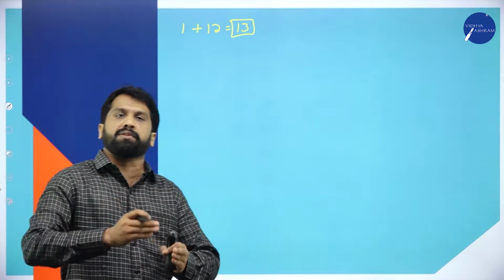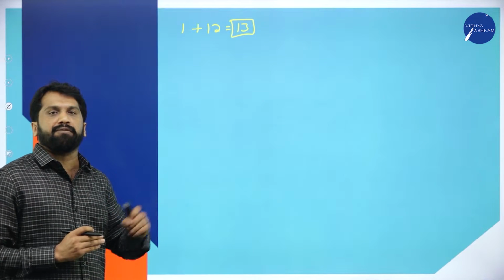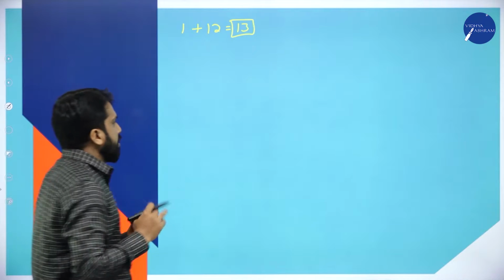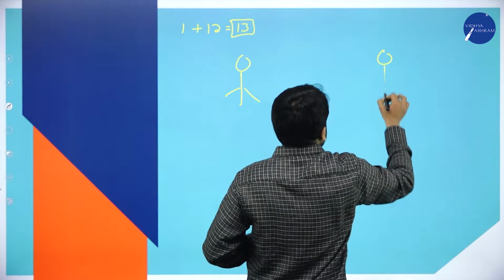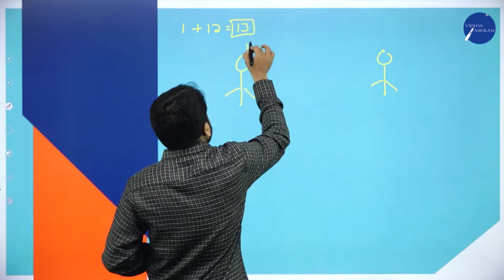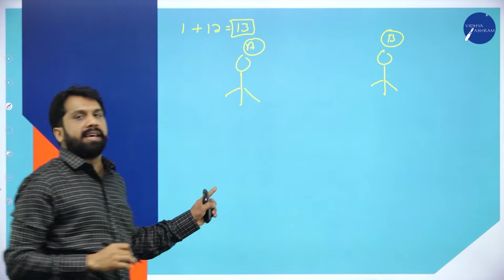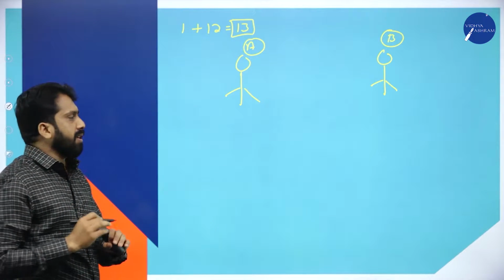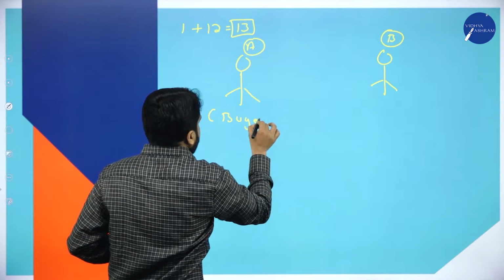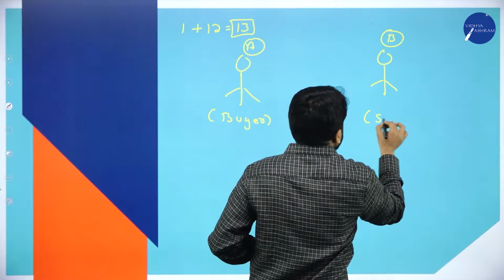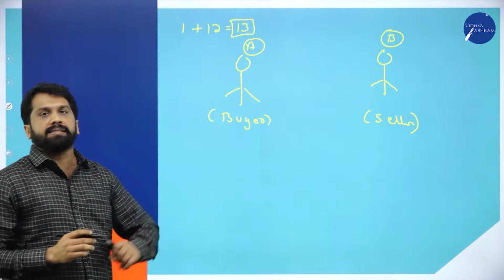Before we go to the topic, first we will understand what do you mean by bills of exchange. For example, we can call them A and B. So person A and person B. This person we can call buyer and this person we can call seller.